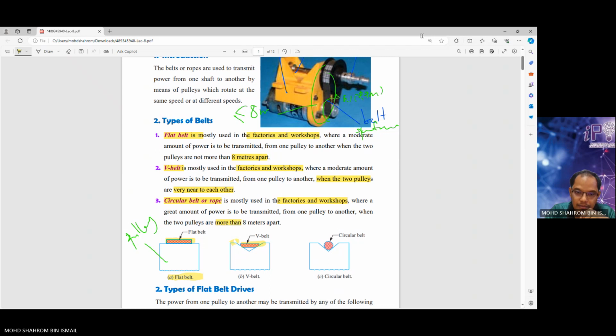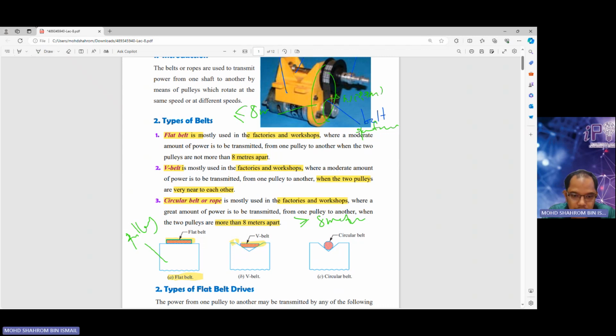So here it states that it can be more than 8 meters. If it is more than 8 meters, then you can use a circular belt. If it is less than 8 meters, maybe you can use a flat belt or V belt. In fact, for the V belt the pulleys are much nearer to each other, so maybe it is less than 8 meters, right?